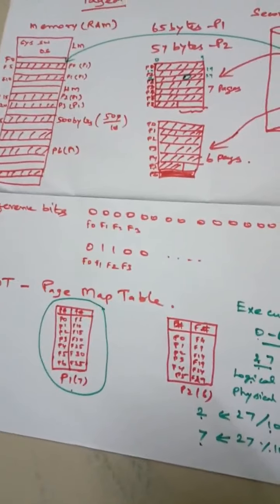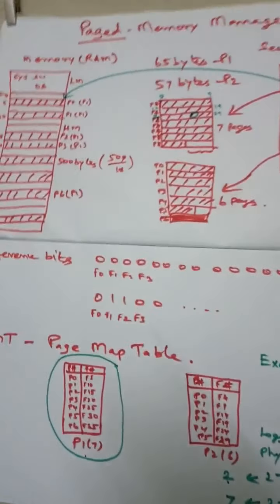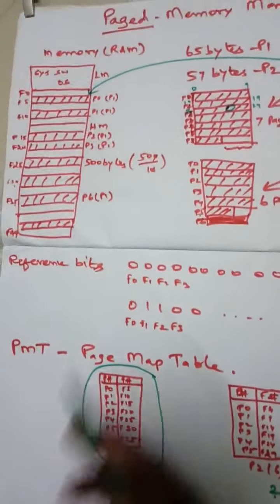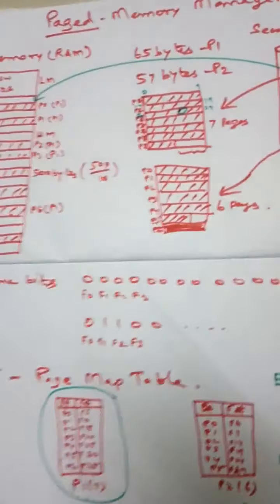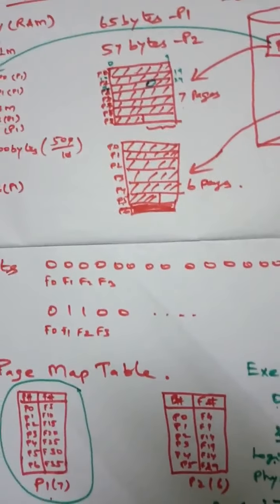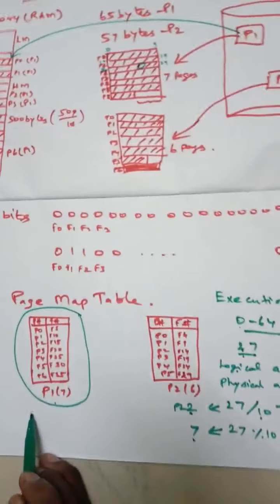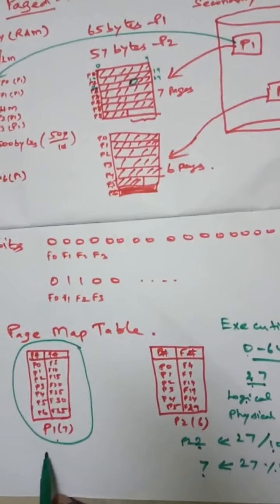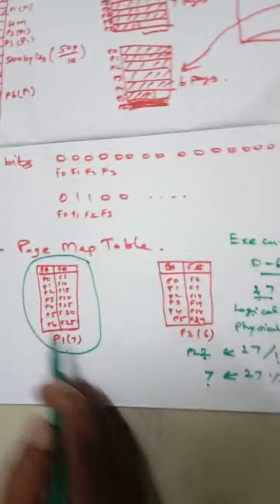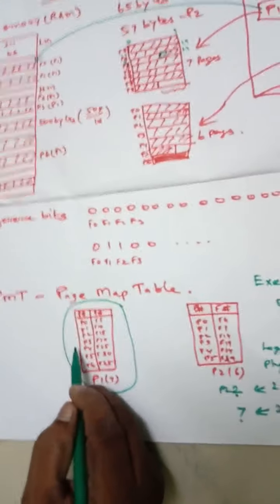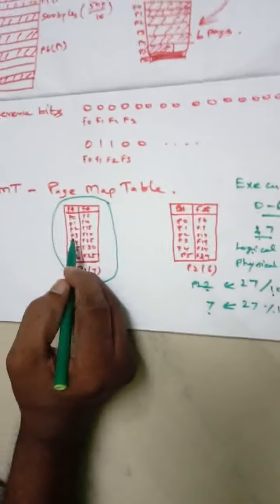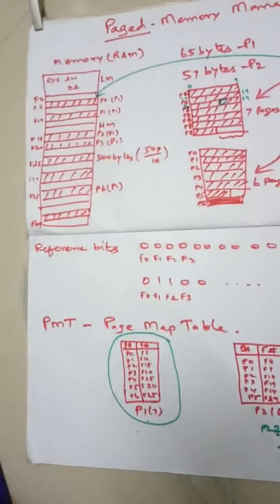So what does memory management do with these details? Page number 2 comes to the page map table. This is the page map table of program 1, which is also available in random access memory.